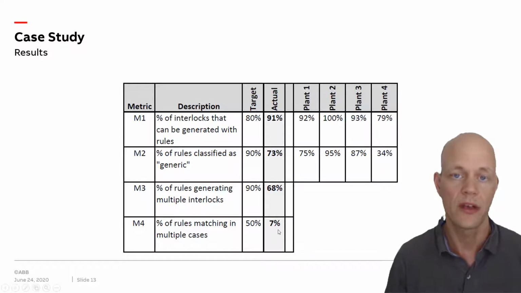Unfortunately, only 7% of the rules that we mined were applicable across the 4 cases, because the cases we analyzed were quite heterogeneous and didn't have a lot of similarities. That's why this is quite a low number. If you analyze more similar plants, this number could likely be higher.